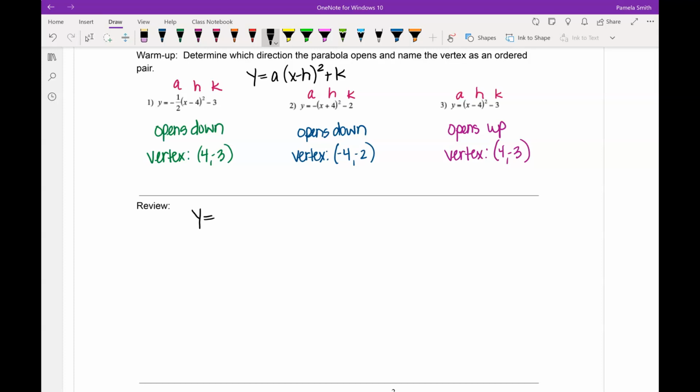Again, that vertex form. That's going to be important because one of your parts today is going to give you some information and ask you to write the equation in vertex form based on the information that you are given.